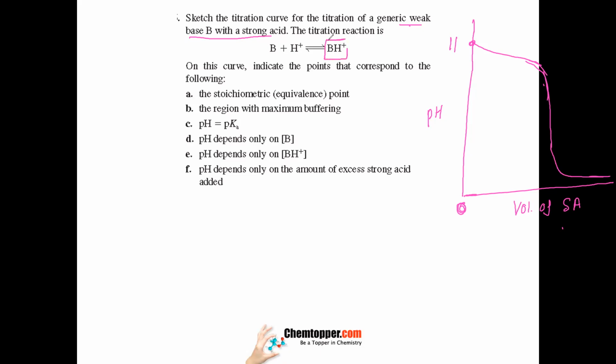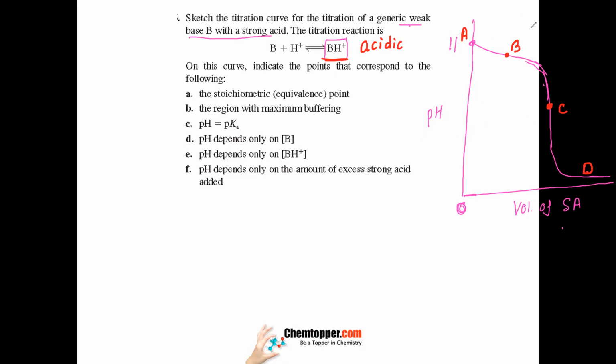Acidic, basic, or neutral? Yes, it is acidic.